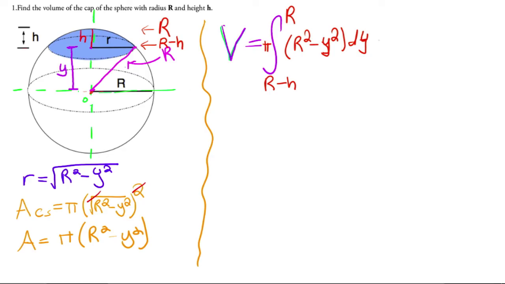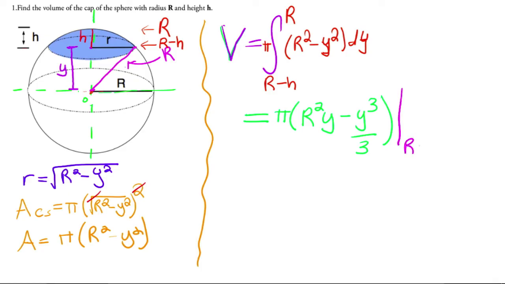And remember that R squared is a constant, so the antiderivative of that is just pi times R squared times y minus y to the third over 3. This is going to be evaluated from R minus h to R.